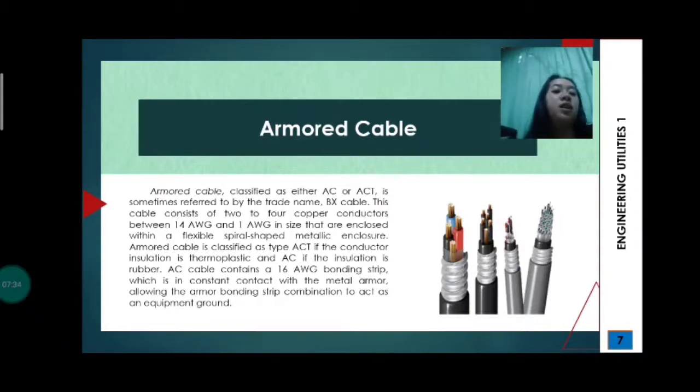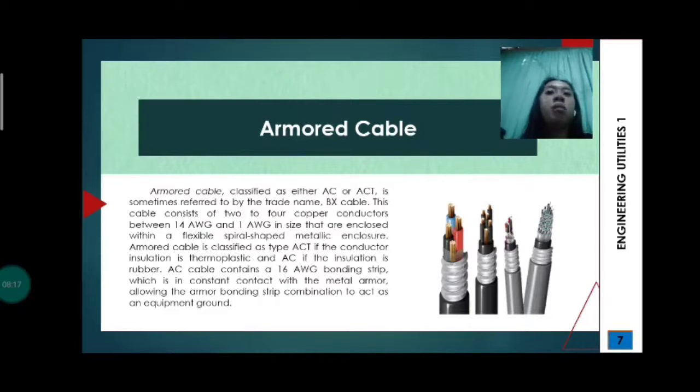AC cable contains a 16 AWG bonding strip which is in constant contact with the metal armor, allowing the armor bonding strip combination to act as an equipment ground. Also, the armored cable is usually found in the power circuits of industrial plants, commercial buildings, processing plants, and central and substation utility applications.